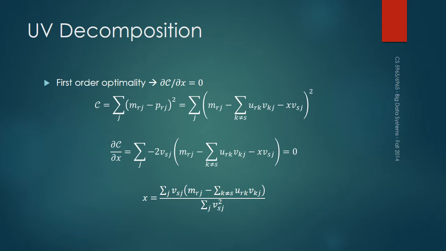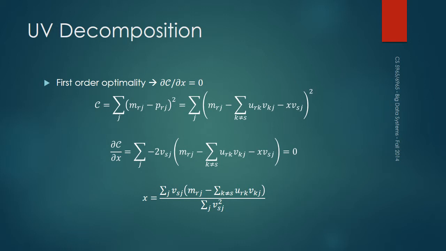That's the first order optimality, dc over dx. We have a single unknown right now. This is the expression that we just saw in the previous slide. Derivative 2 minus vsj, coming from this whole thing out here, right?